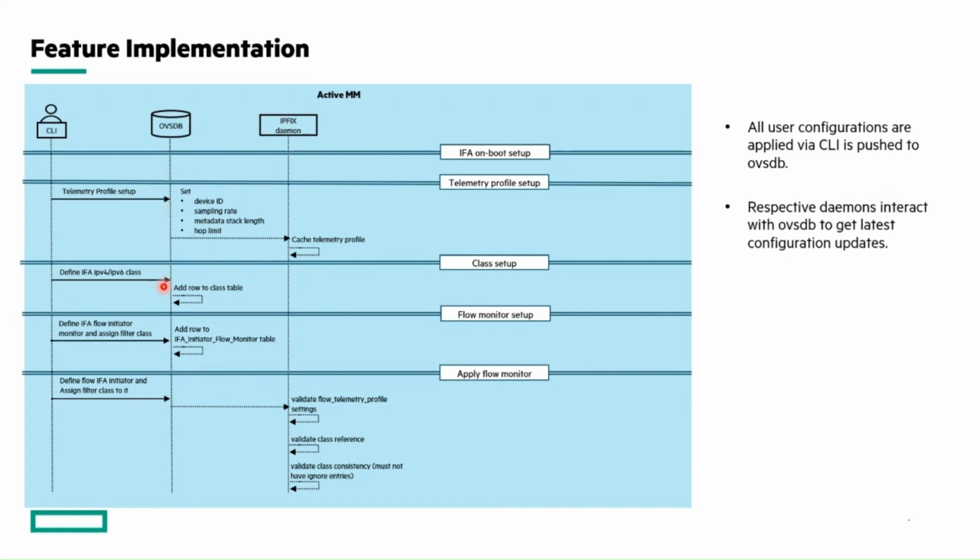Next, you will define the IFA or IPv6 class, which is again pushed to OVSDB. Then the configurations of creating the IFA flow monitor and assigning it to the flow are again pushed to the OVSDB. All the other daemons, including the IPFIX daemon, take up their configurations from OVSDB itself. So the respective daemons interact with OVSDB to get the latest configuration changes or updates.